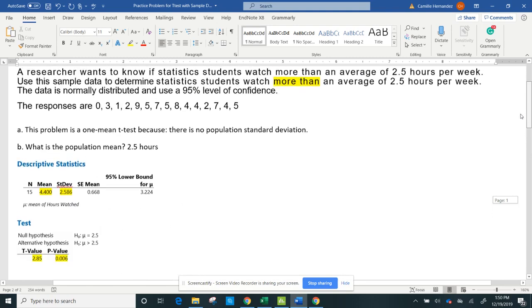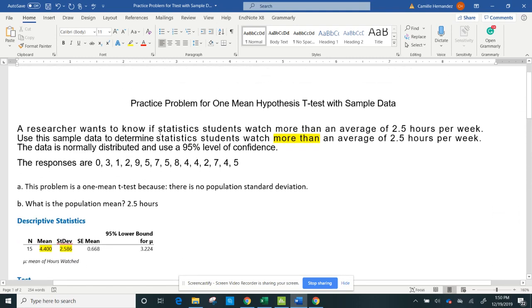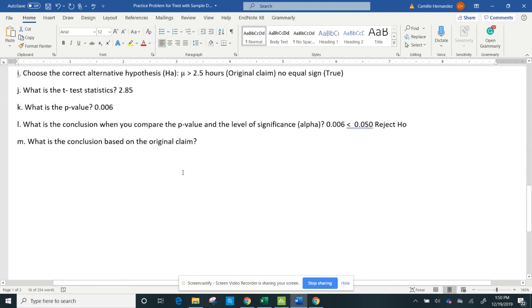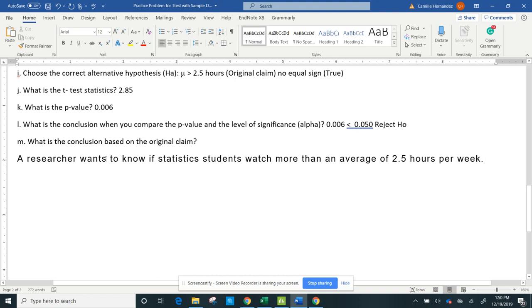So I'm going to go back up and see what was it asking for. It wants to know, a researcher wants to know if they watch more than an average of 2.5 per week. So what I'm going to do here is I'm going to copy and paste my original claim, and I'm going to change it a little bit.